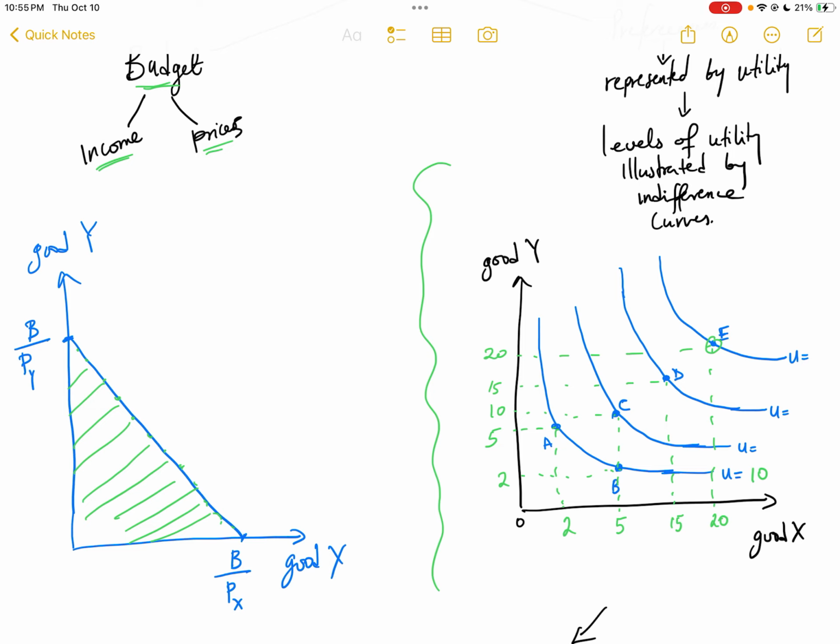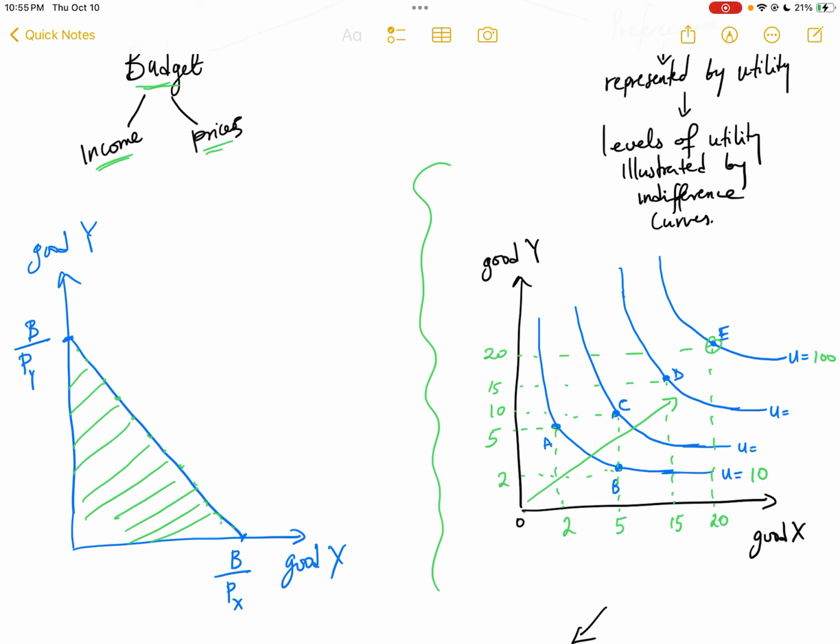But what about bundle E? What is the satisfaction level there? Let's say 100. So that's why you prefer bundle E over any of the other bundles on this graph. As you move away from the origin, the level of satisfaction increases.